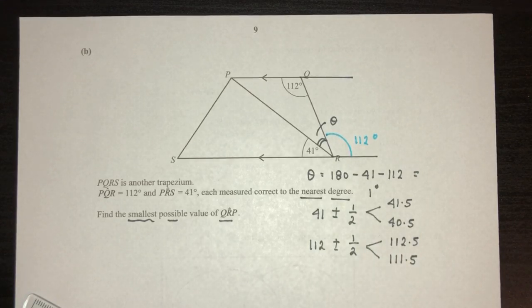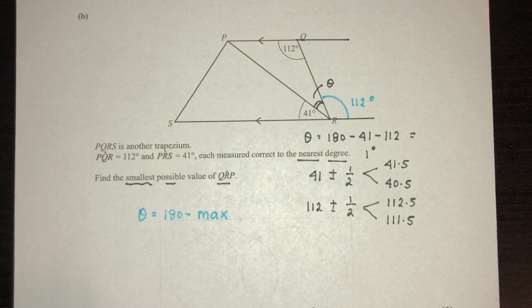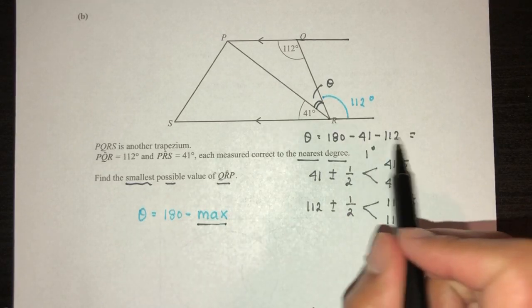Now to find the smallest possible value of the angle, we take the whole value, 180, minus something maximum, so that we get a minimum value. If you minus something minimum, your answer will be something maximum, so you want to minus something maximum, which is these two angles.